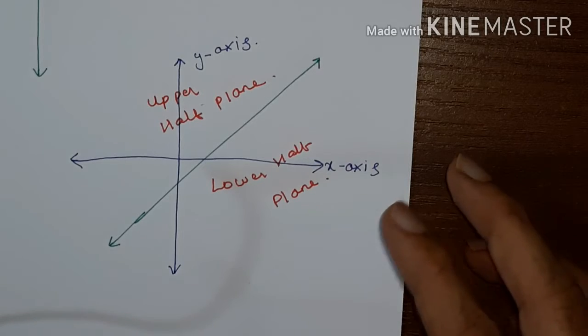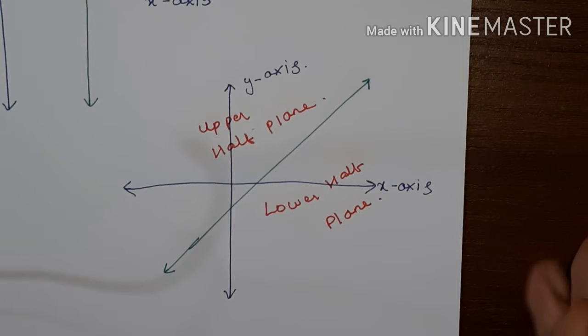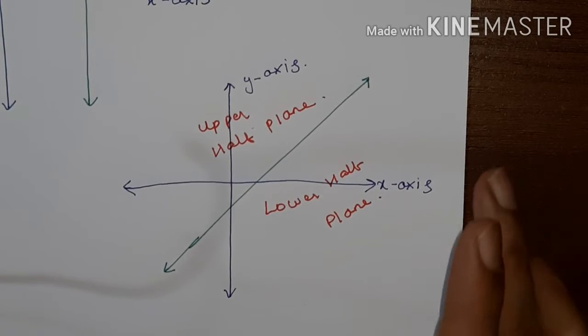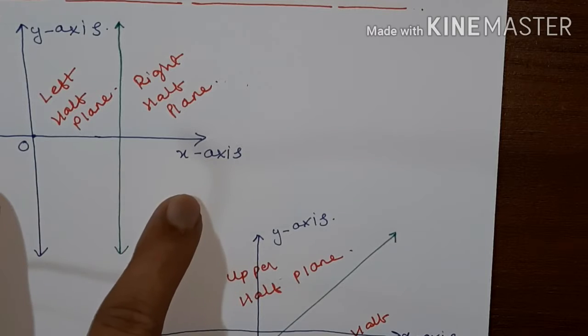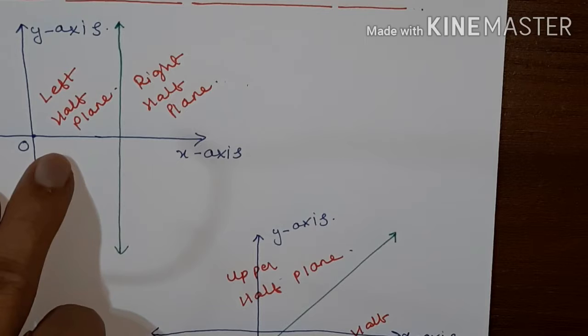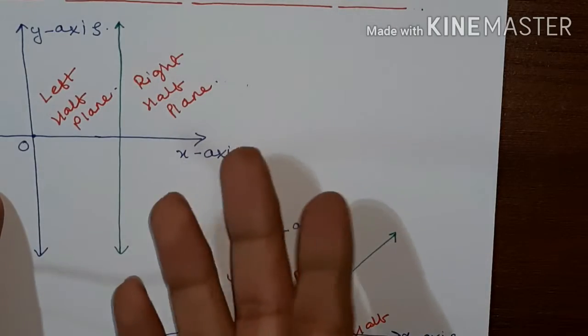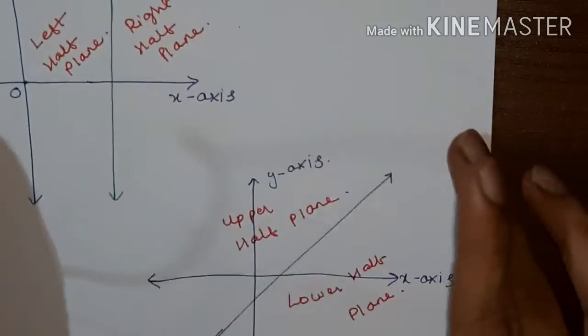So you can see that any line on the coordinate axis will divide the coordinate axis into two halves. In the first case you have a vertical line, where the plane on the left hand side of the line is called the left half plane, and the plane on the right of the line is called the right half plane.